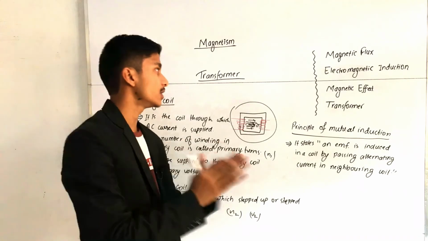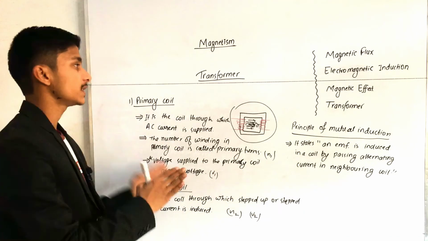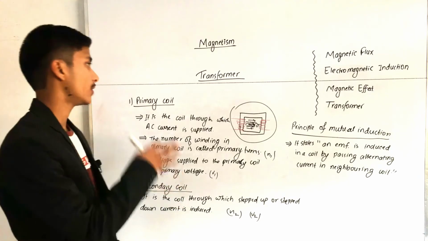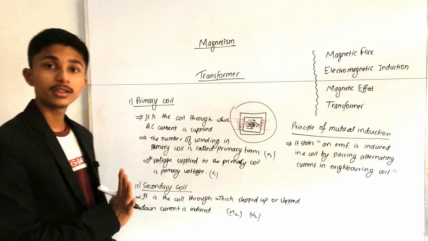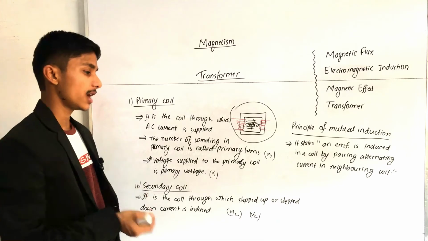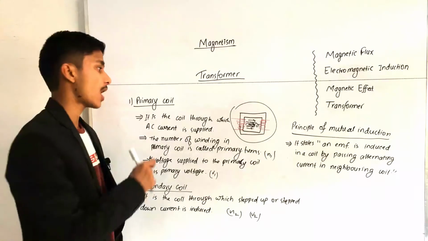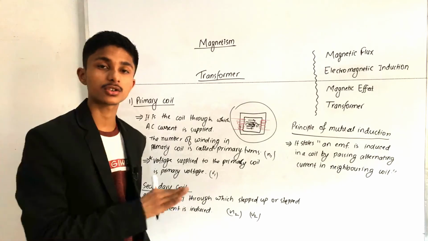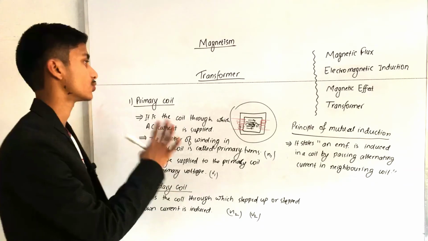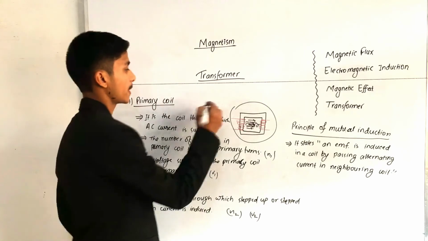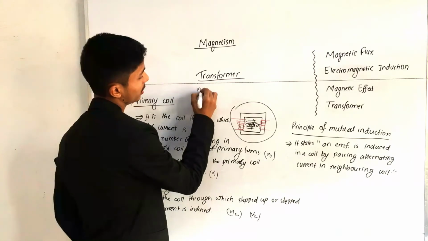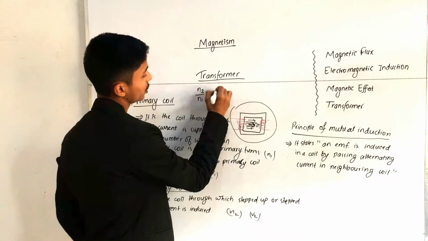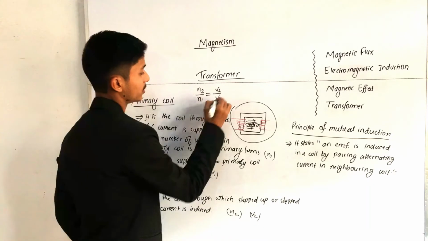Okay, therefore in this way we have finished our topic, that is transformer, and there is one formula for this under the transformer topic, using which you are asked numericals. Using that formula you can solve all the numericals related to this transformer. Here is the formula: N2 by N1 is equal to V2 by V1.